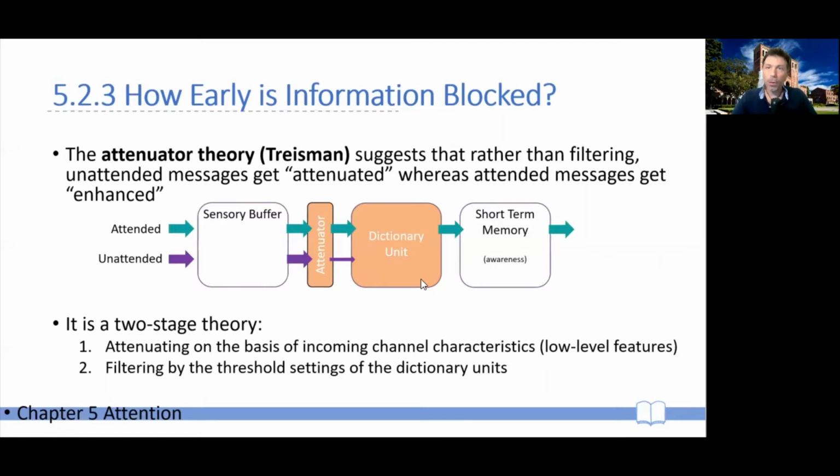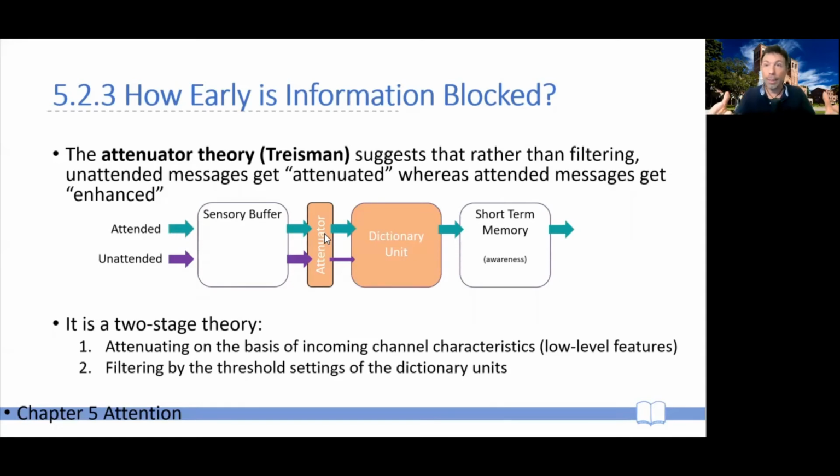This is similar to the idea of the detector from Broadbent's model. The idea is that this dictionary unit has in it thresholds for every word in order to recognize it. It's listening to what comes in, and if a certain pattern comes in and it has a certain strength, then you might recognize the presence of a certain word. Now, the message that is attended, its gain has been boosted by the attenuator.